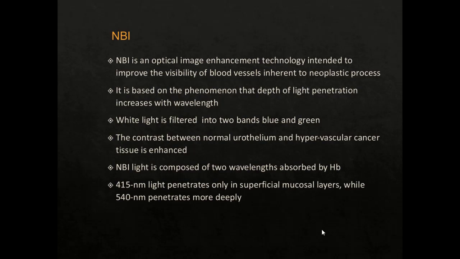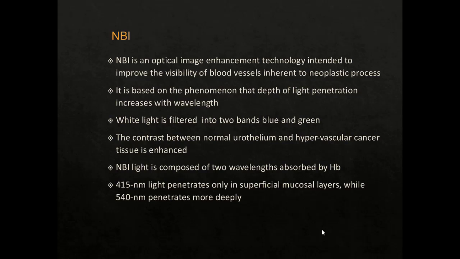Narrowband imaging. Narrowband imaging is an optical image enhancement technology intended to improve the visibility of blood vessels inherent to the neoplastic process. It is based on the phenomenon that depth of light penetration increases with the wavelength. White light is filtered into two bands, blue and green spectrum. The contrast between normal urothelium and hypervascular cancer tissue is enhanced.